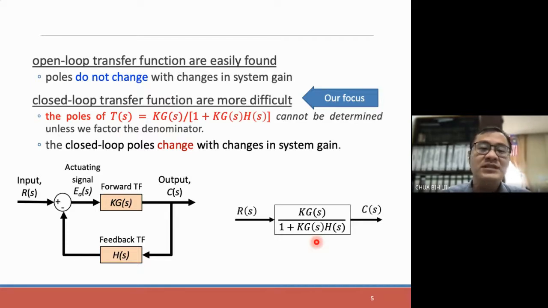We just interchange the roots and the poles. So what we are trying to plot today are the roots, referring to the poles, and the changing of the poles themselves. For the open loop, very straightforward, the poles will not change by changing k.